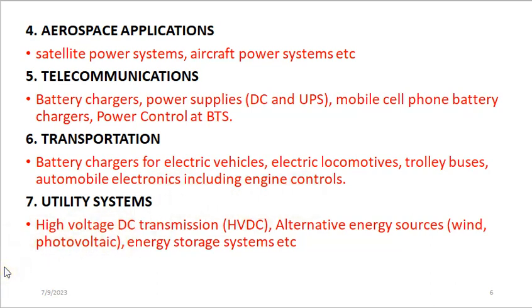Finally, it is used in utility systems, like high voltage DC transmission, and in alternative energy sources, for instance wind power generation or photovoltaic, which is solar power generation. All of them involve the use of power electronics and energy storage systems.